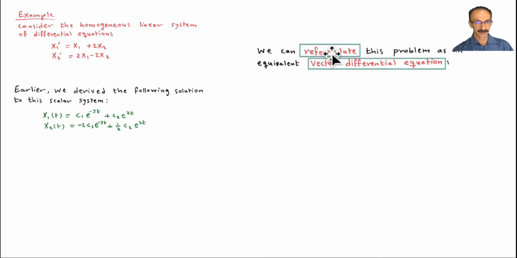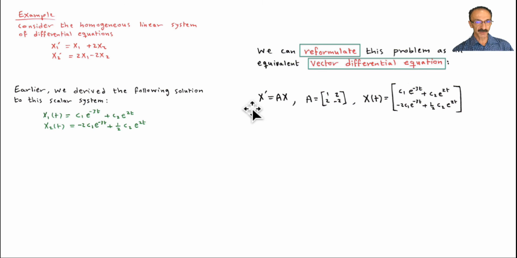Let's take a look. We have x prime equals Ax, where A is 1, 2, 2, negative 2, and x is x1, x2. When we solved it, this is x1 and this is x2.